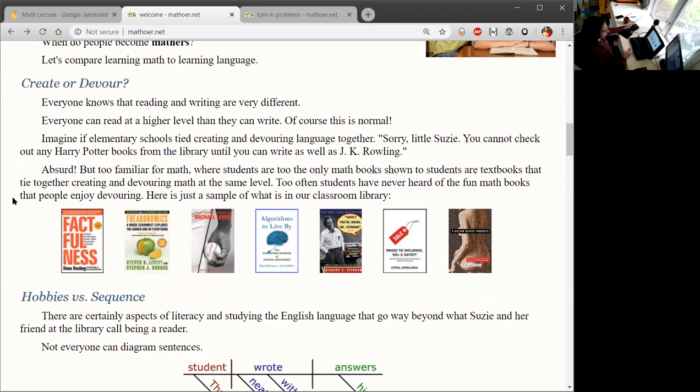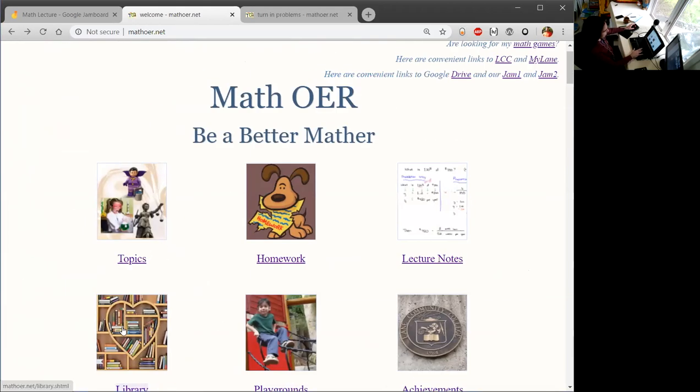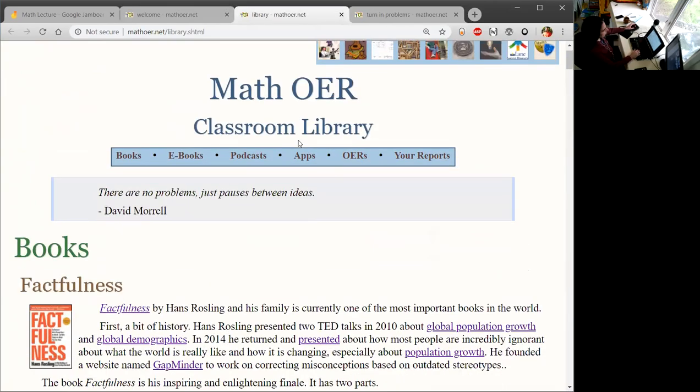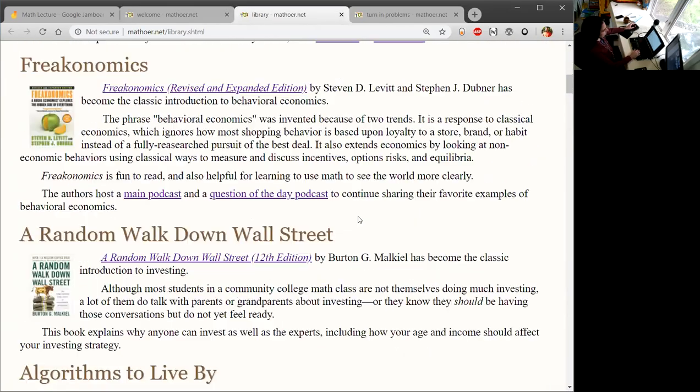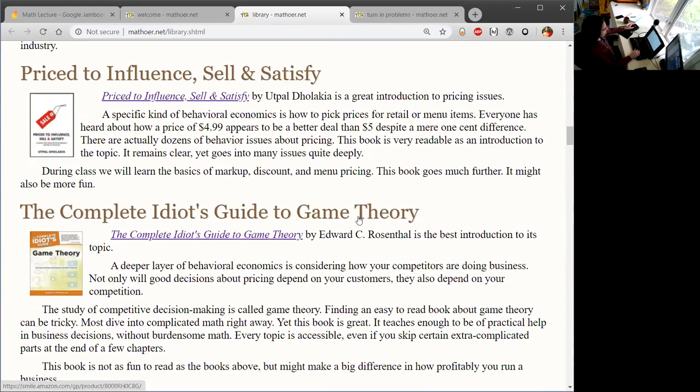So the main reason we have a class library, going back up to here, is that there's lots of fun books that you can understand perfectly fine, even though you can't do the math in them yourself.